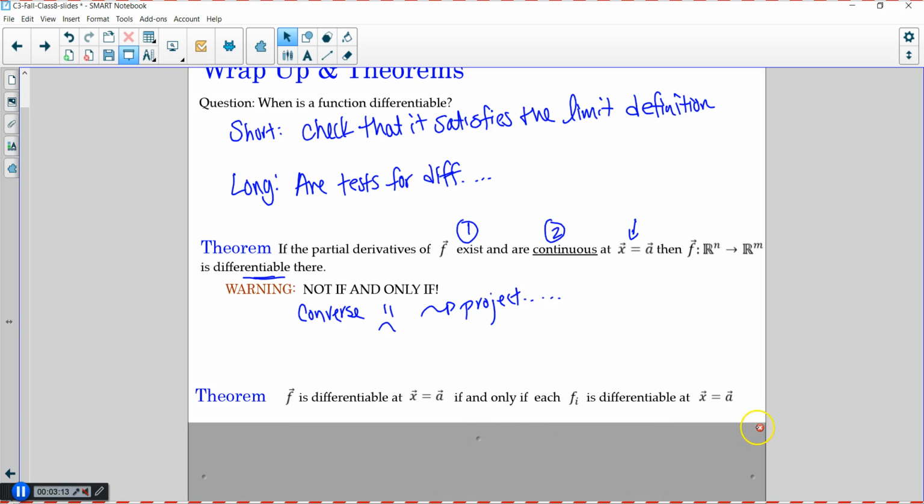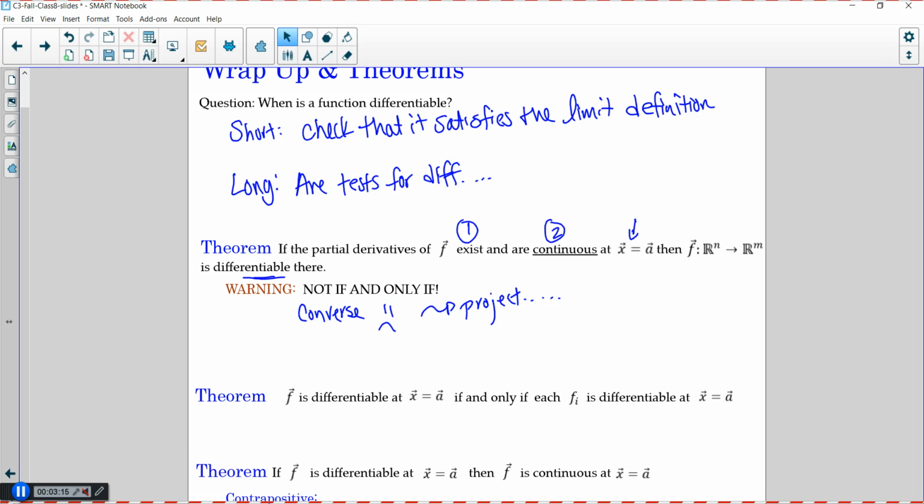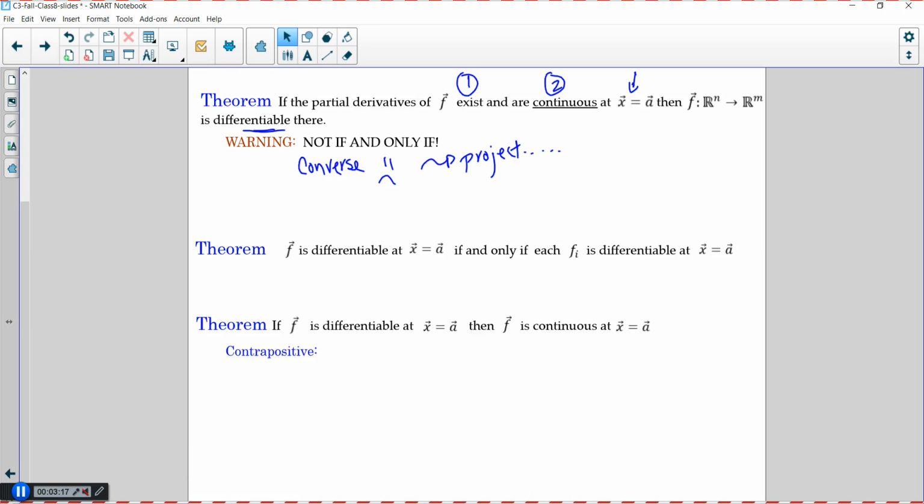And then the last one, which is also kind of a really Professor Bright thing, is that we still have the extension from single variable calculus where we said, if we have differentiability, that implies continuity. So that's great, but we wanted to be able to prove differentiability, right? Well, maybe the contrapositive will help us.